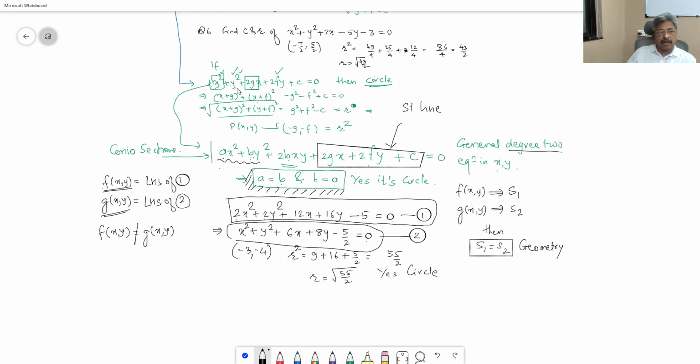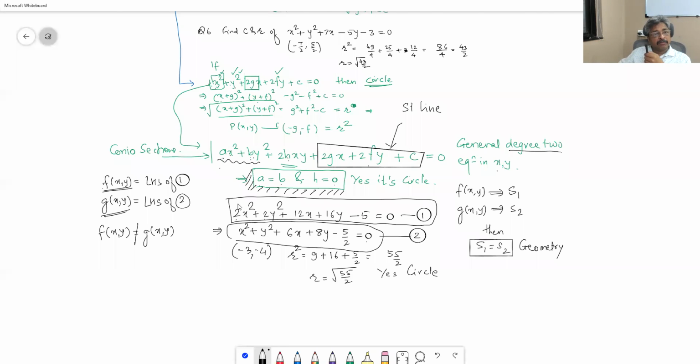Don't make the mistake of looking at the coefficient of x and ignoring the coefficient of x square and y square and reporting center. It will be wrong answer. So let me give you practice of getting different equations of circle in different geometric situations. Find the equation of circle is a common statement in all questions.